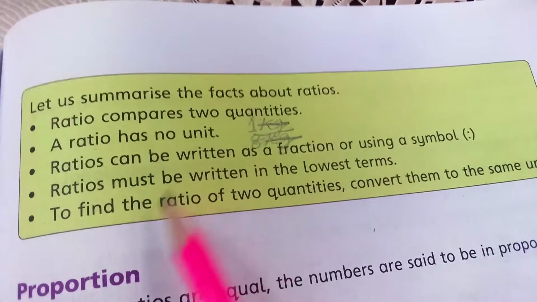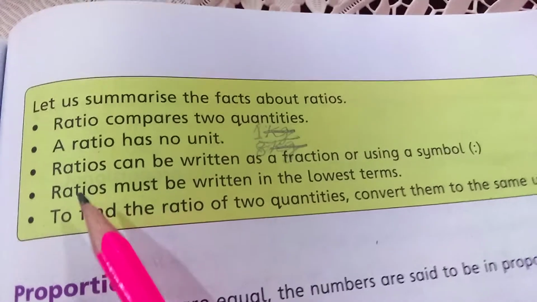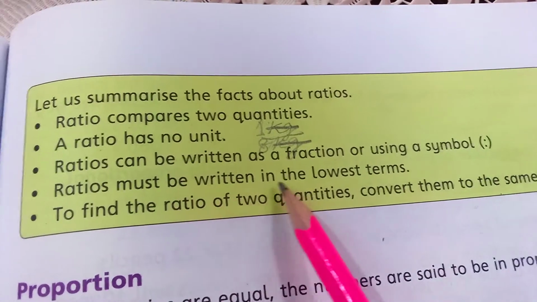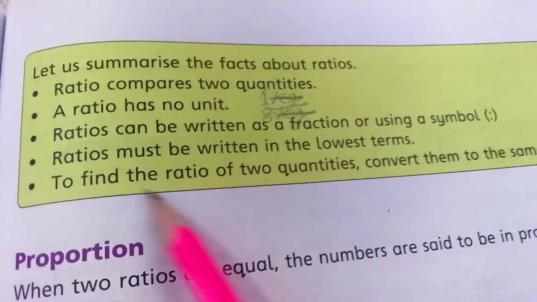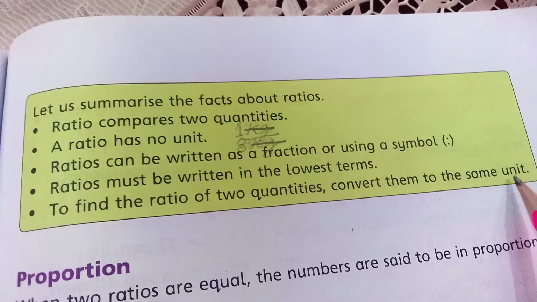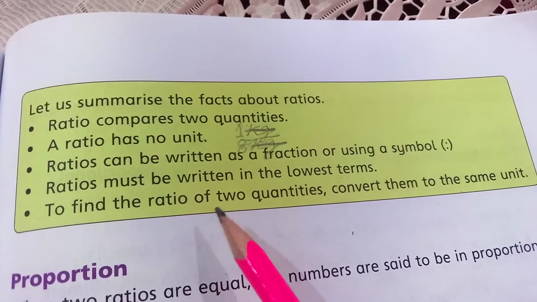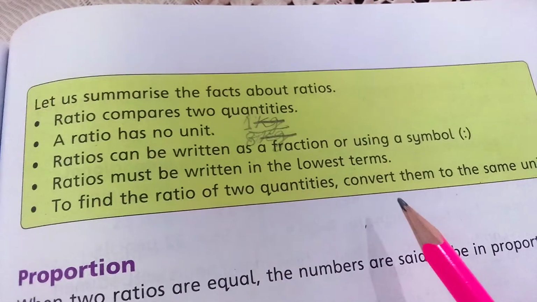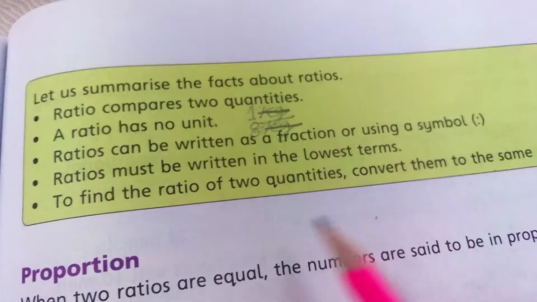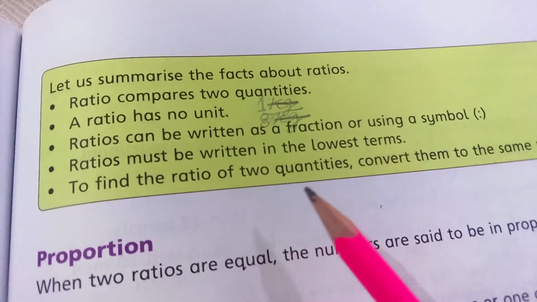We learned it on the previous page. Ratio must be written in lowest terms. To find the ratio of two quantities, convert them to the same unit. For example, if one unit is in kilometers and the other is in meters, we have to convert both into the same unit.